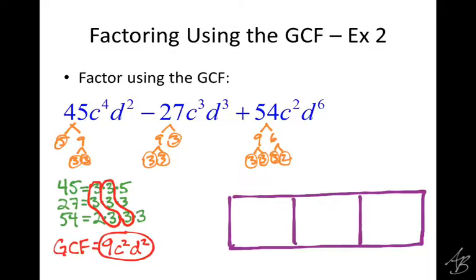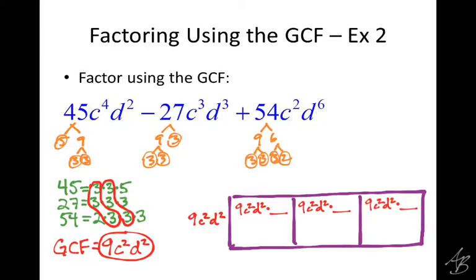And then when I label this, what's the height of this going to be? 9c squared d squared. And I can also label that inside the rectangles. It doesn't really matter at what point we do this, but that's going to be the height, and we need to figure out what the width is. So we have 9c squared d squared times something in every one of these.